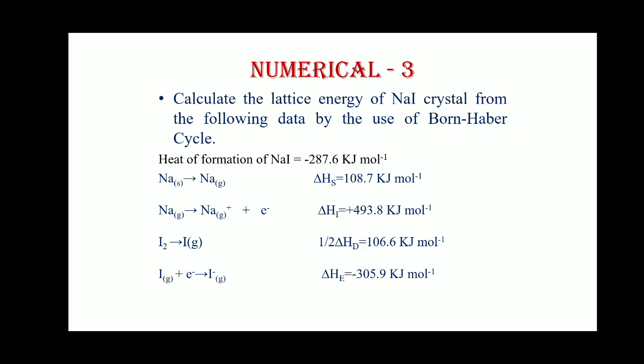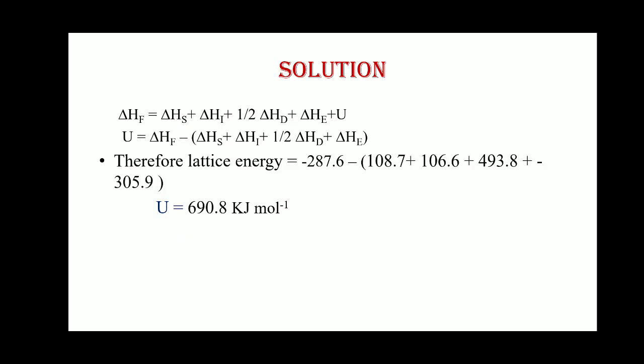In this numerical we have to use the same formula that we used in numerical number 1 and numerical number 2. That is, delta HF is equal to delta HS plus delta HI plus half delta HD plus half delta HE plus U. Now what we have to find? U. So we keep U as it is, and all other factors will go to the left side and change their sign.